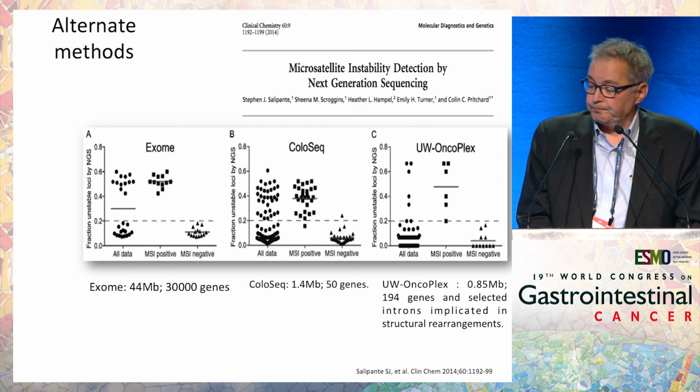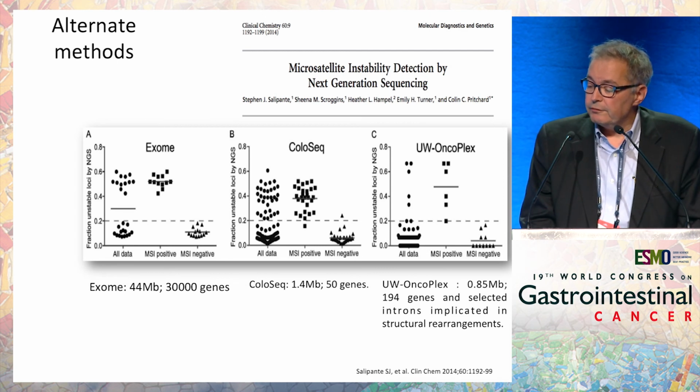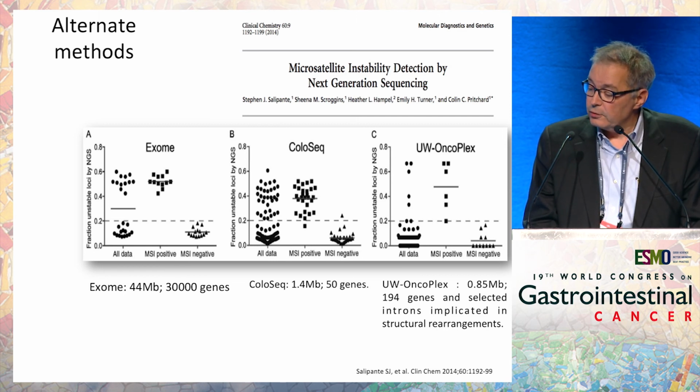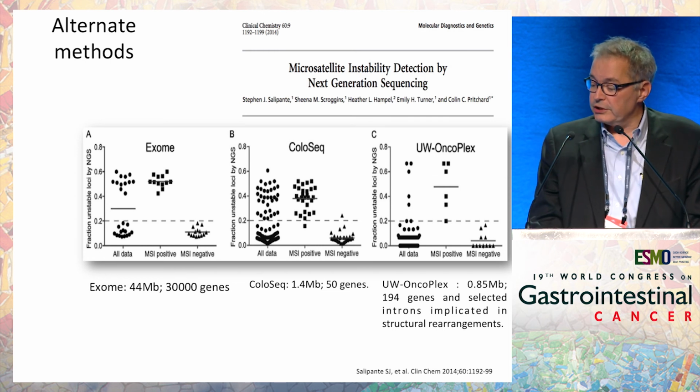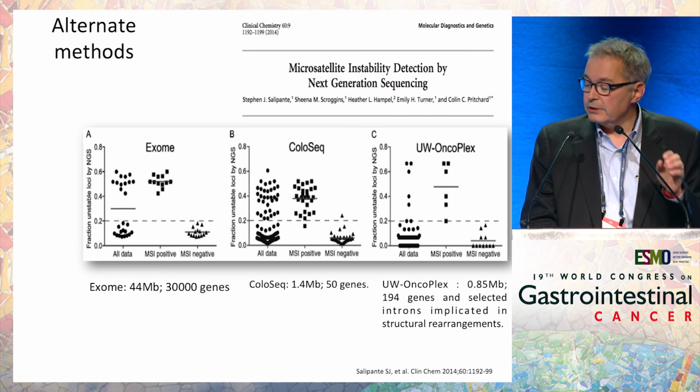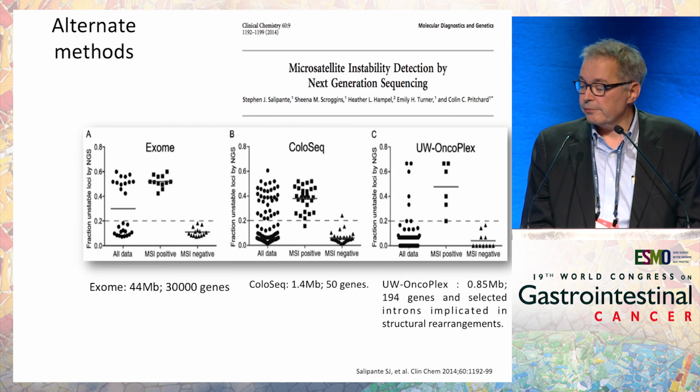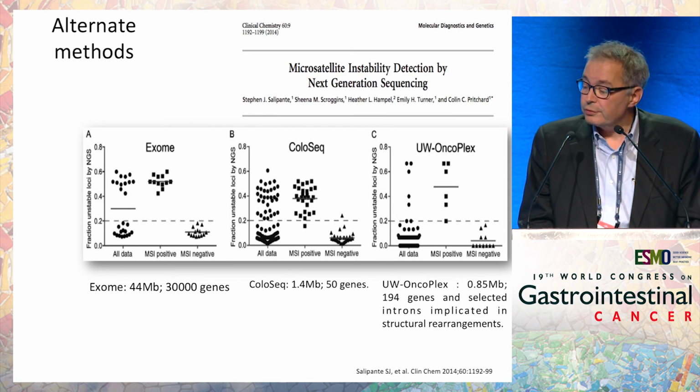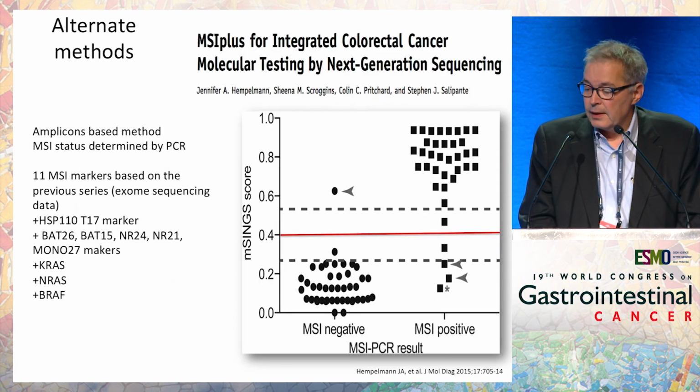If you sequence only 50 genes, there is an overlap between MSI positive and MSI negative tumors. But if you increase the number of genes and select some introns implicated in structural rearrangement, you can improve the difference between MSI and MSI negative.